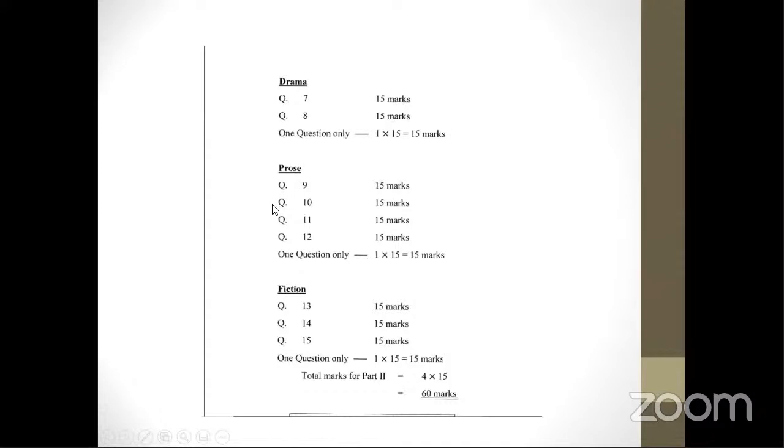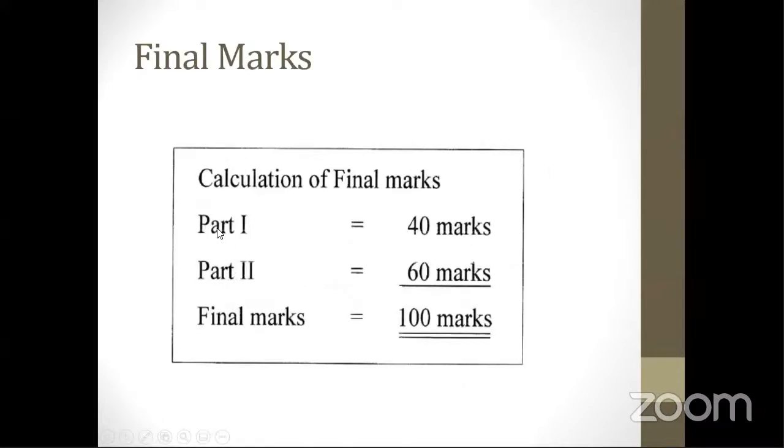Then prose, we have 4 parts in that section, where they also have equal marks, and 15 marks for that section. Finally, fiction, 15 marks for each question. So the total comes to 60 for part 2. So the final calculation is part 1 you get 40 marks and part 2 you get 60 marks. So it makes 100. This is how we get the literature mark for the paper.